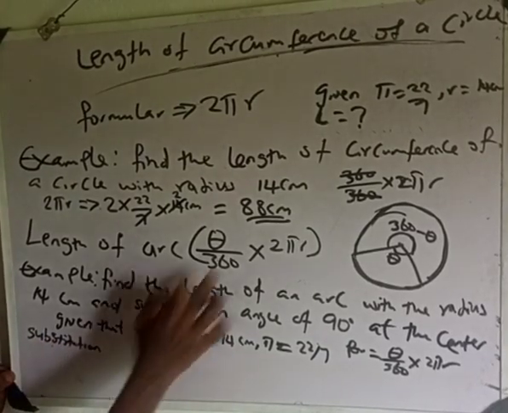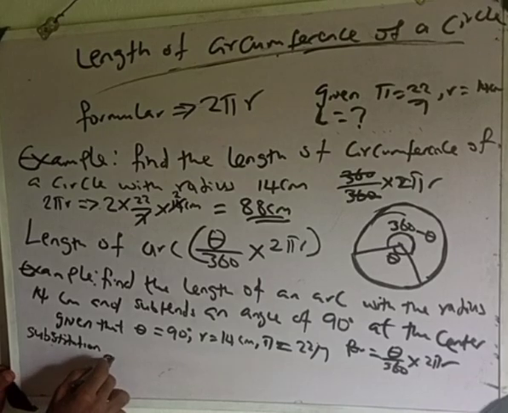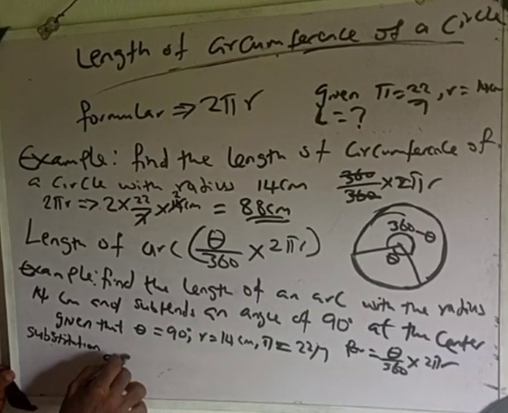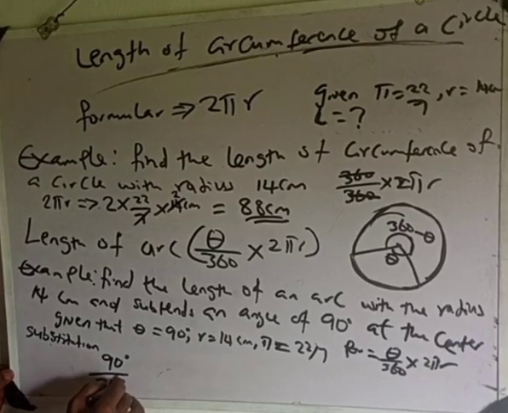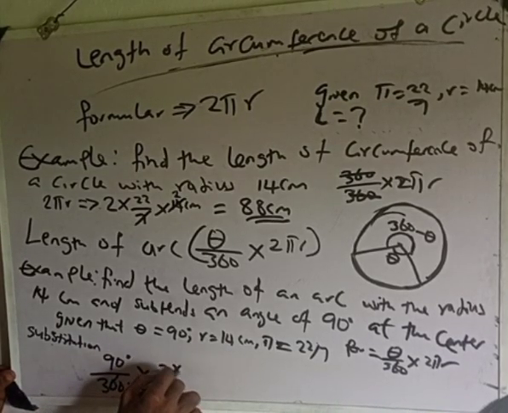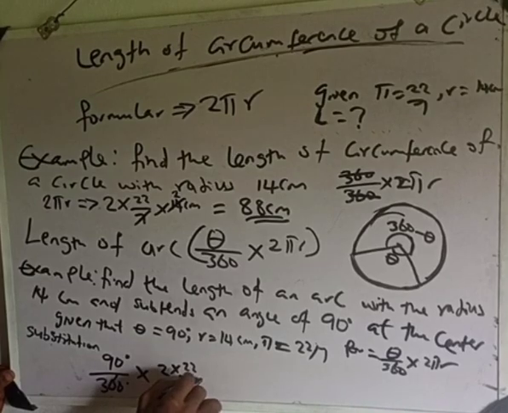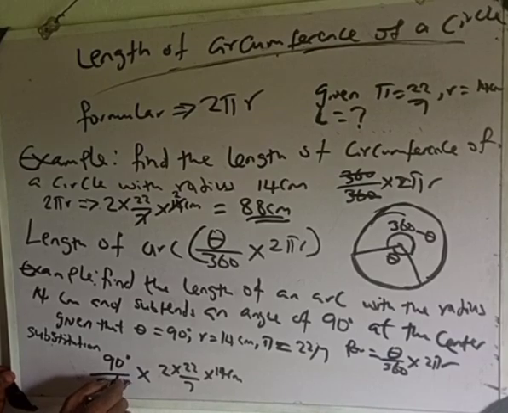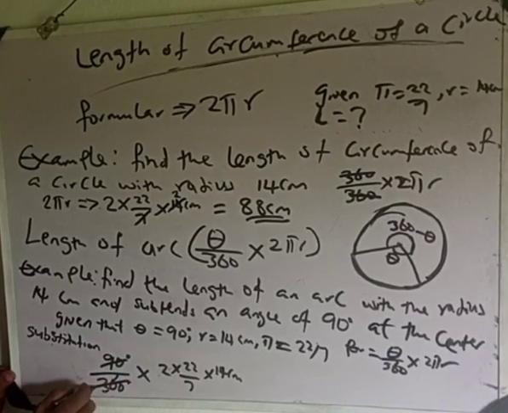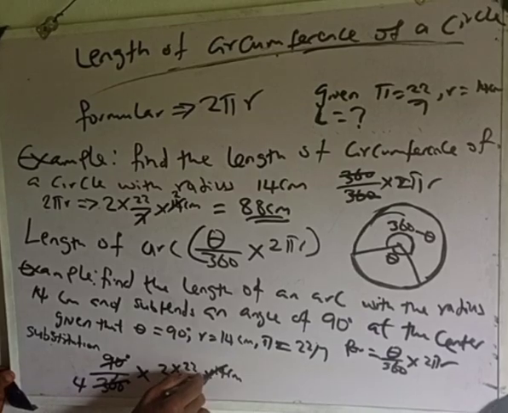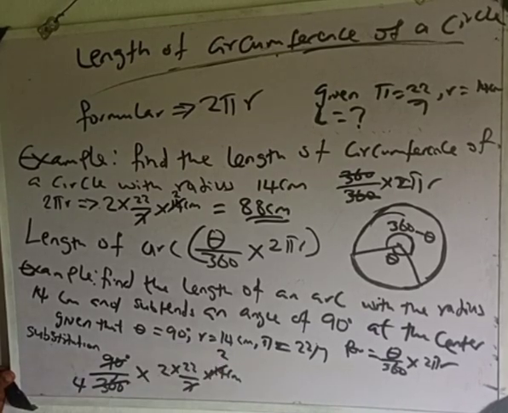We have that our formula becomes 90 degrees over 360 degrees times 2 times 22/7 times 14 cm. Now, of course, this 90 can cancel 360. I will have 4 here. 7 can cancel 14. I will have 2.